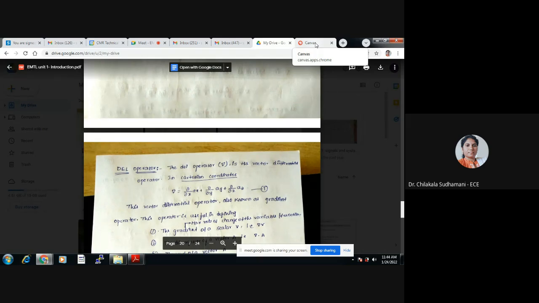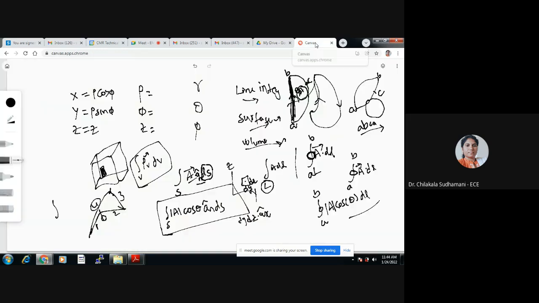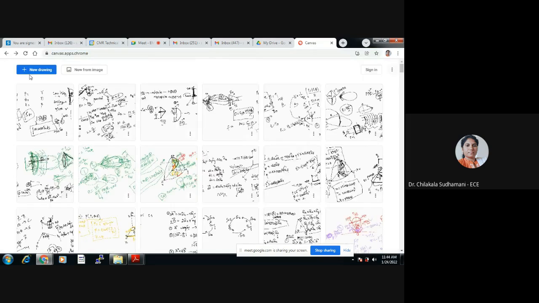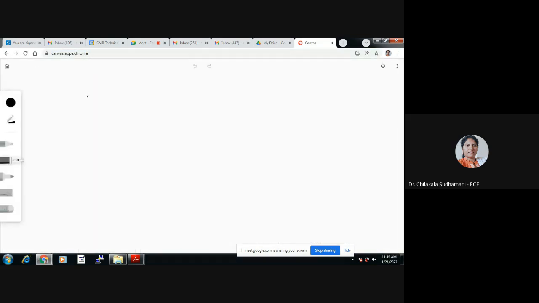Now what are the different operators we use in electromagnetic waves? What are the different types of operators we use? We are going to use only two operators. One is del, another one is curl. The two important operators used in electromagnetic waves are the del operator, a symbol like a reverse triangle, and the curl operator.